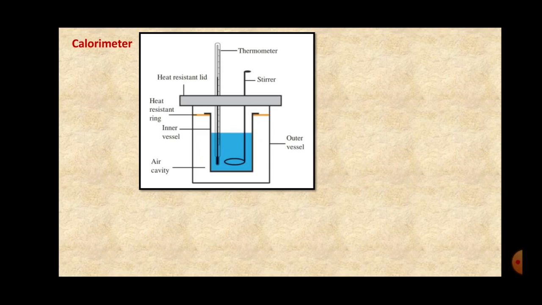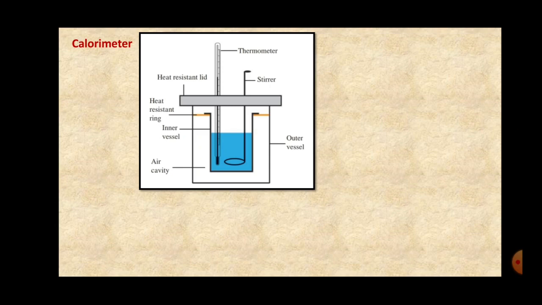Now water is placed in the calorimeter. So the temperature of the inner vessel and that of the water in it will be the same. And when we place a hot object in the water, heat will be exchanged between the hot object and the water.